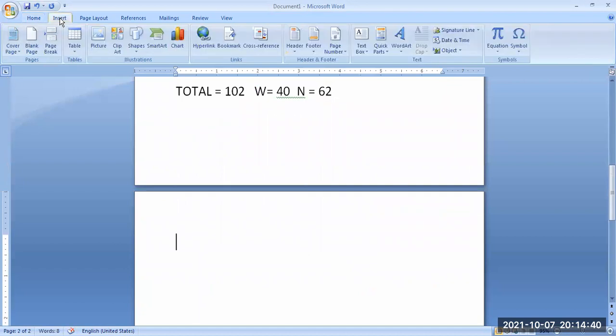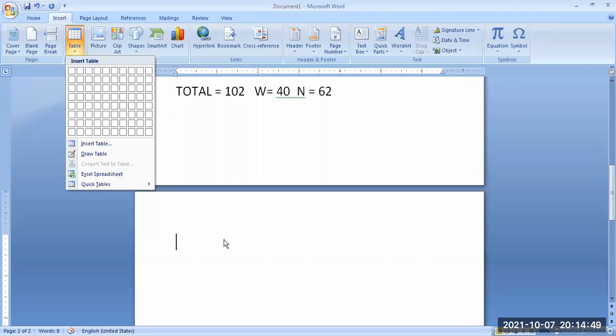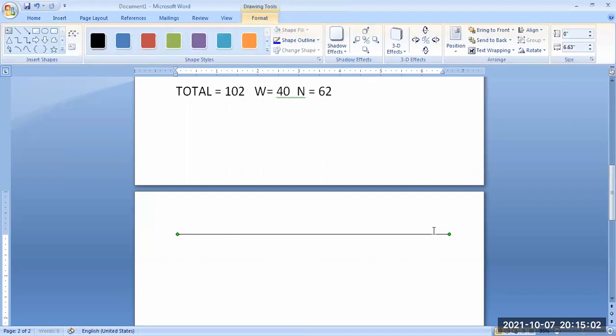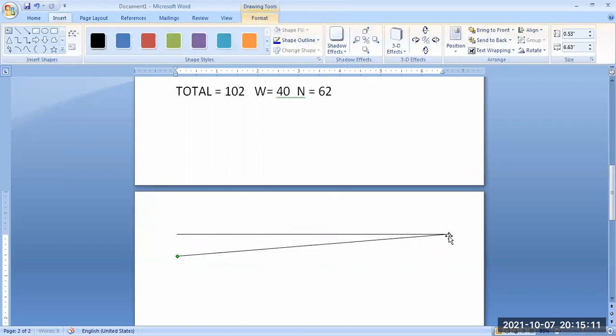So I am inserting a table like this: 1, 2, 3, 4. So this is how I am going to draw.